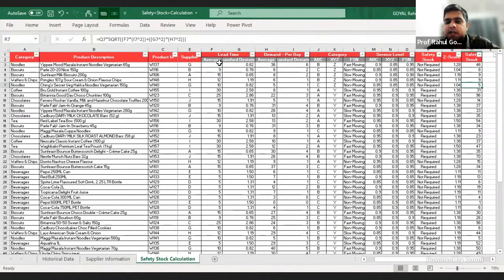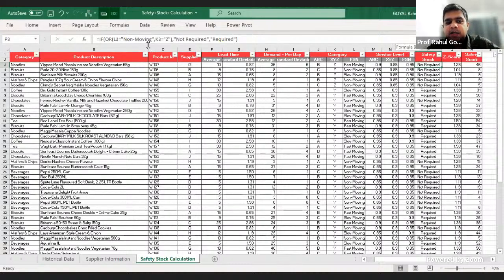So likewise for every SKU, they are calculating a certain safety stock, right? Now, while it is a mathematical derivation, you will see that they are taking a call. While there is a safety stock requirement of 46 units, they are saying we will not keep safety stock for this SKU. And how they are deciding whether they want to keep safety stock or not is here, right?